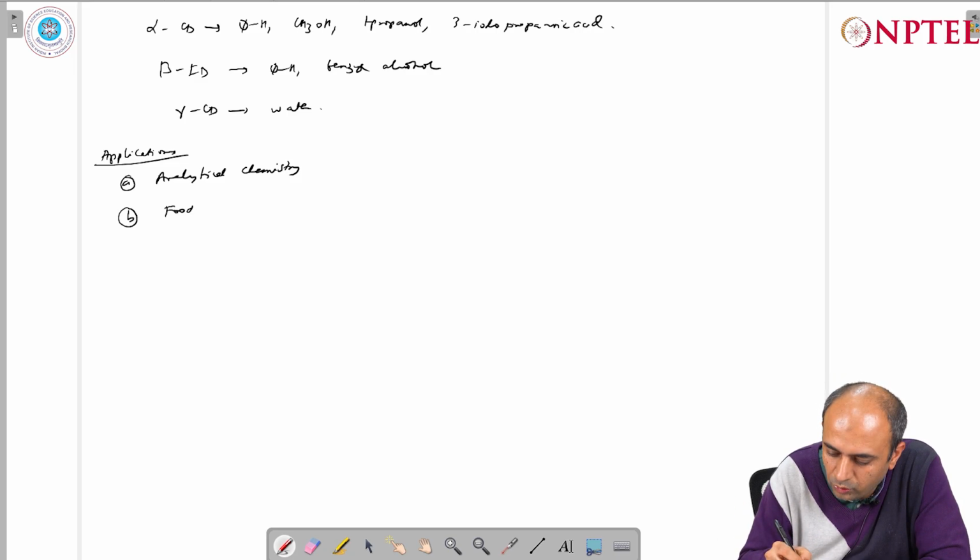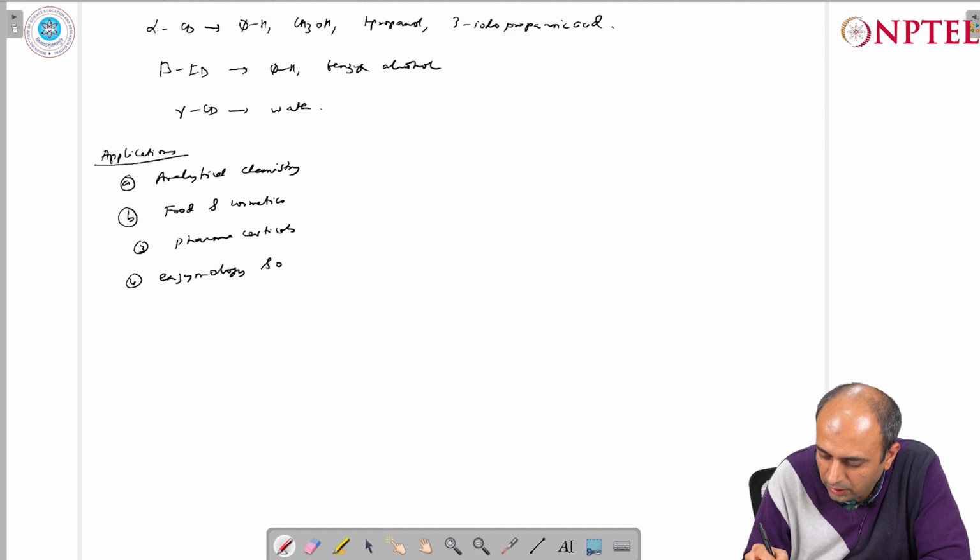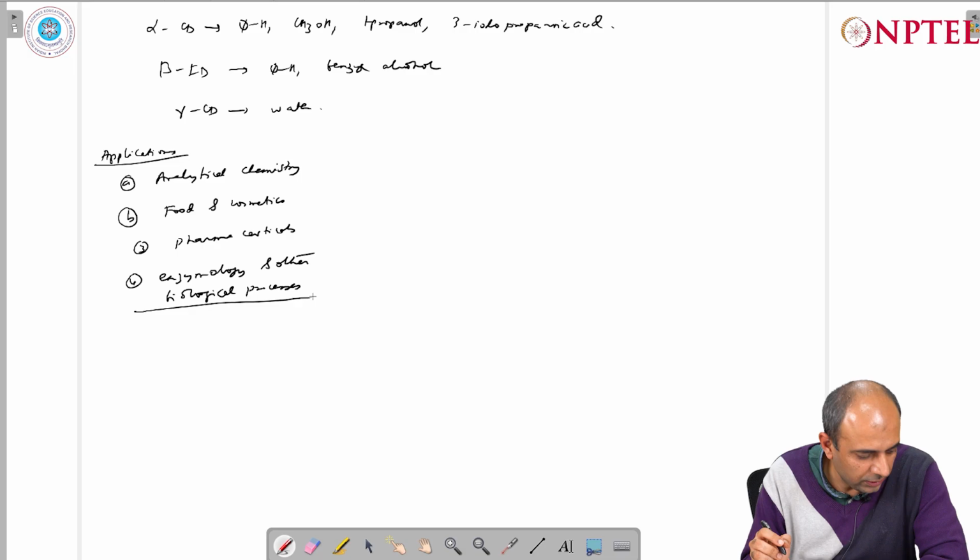They are used in the food and cosmetics industry, in pharmaceuticals, and they also find application in enzymology and other biological processes.